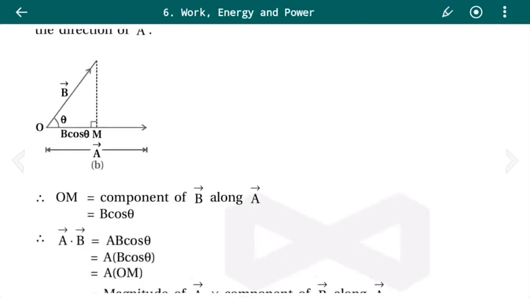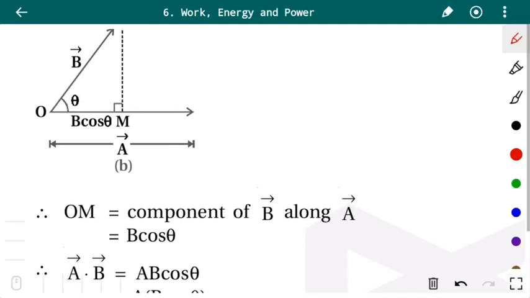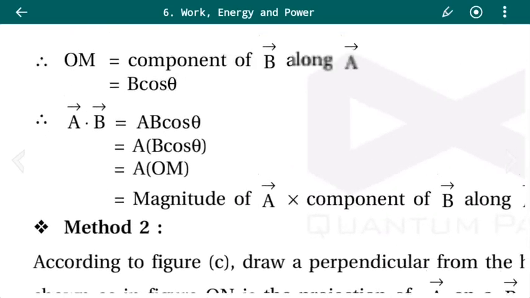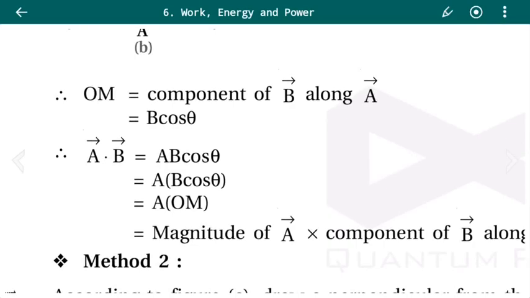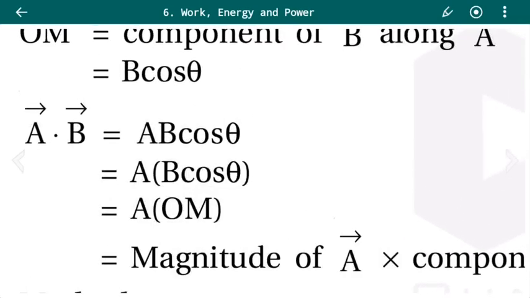So OM equals the component of B along vector A, because you can see the direction of this component of B and the direction of vector A are both the same. So OM equals B cos theta. Now vector A dot vector B can be written as AB cos theta. You can split this and write it as A into B cos theta.